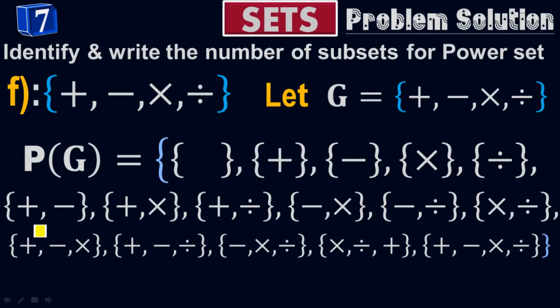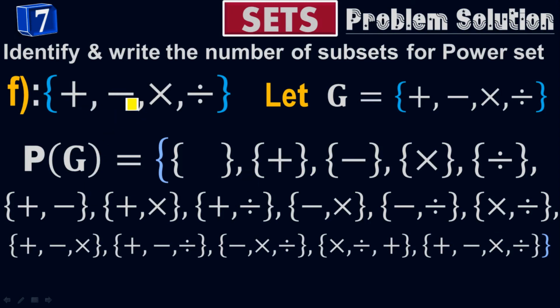Then we made the subsets of two elements. First we took addition with subtraction, and then multiplication, and then division. So we have addition, subtraction; addition, multiplication; addition, division. It is a step-by-step procedure. You have to follow that procedure and go forward.